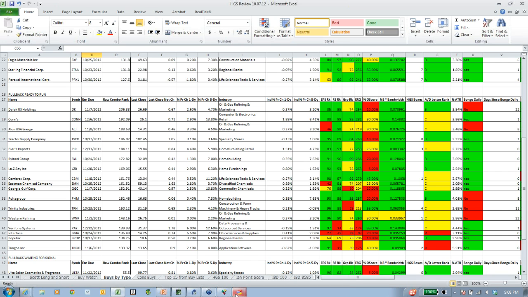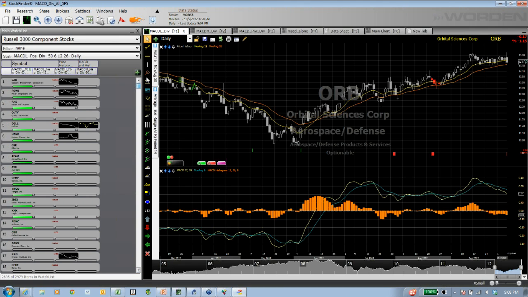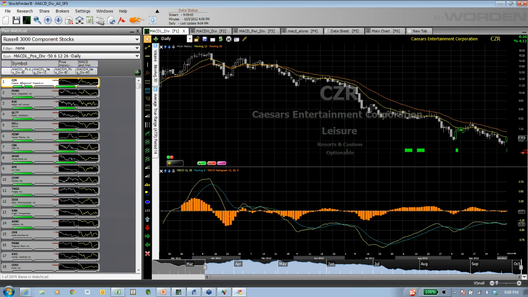So lastly, I want to go back to my stock charts here and just get an idea of are there any long divergences. Just very quickly, I'll go through some of these. And you see, now you see the opposite pattern.